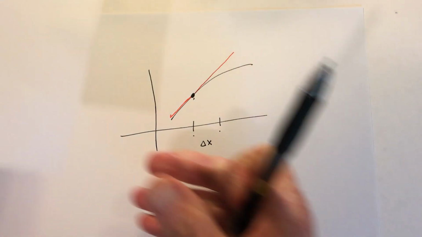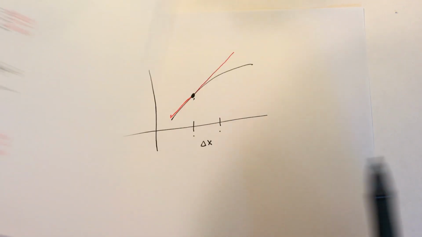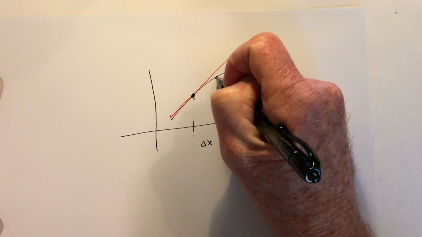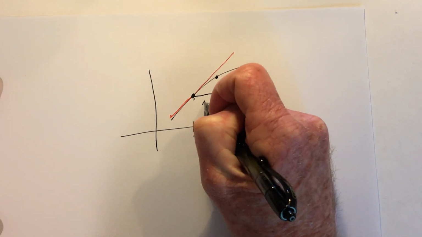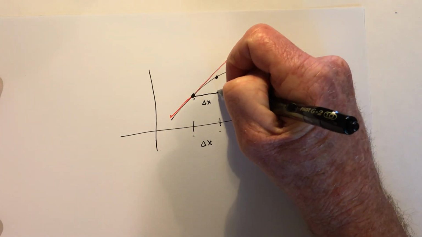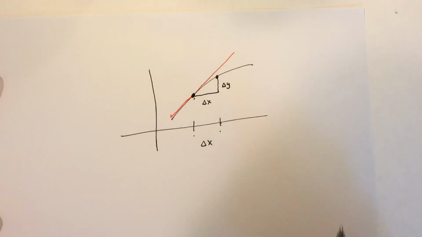And then if you take this idea of delta y and delta x, well, that means as you take this second x point and substitute it in, you would have this is delta x, the same length as down here, and then this is going up, so this is delta y.